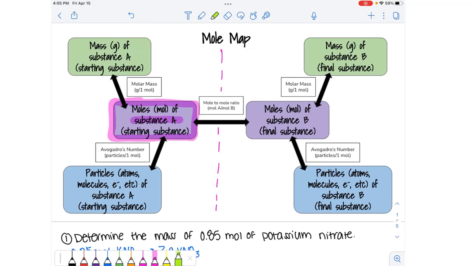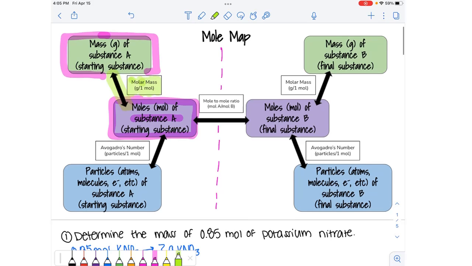And to get to mass of A, I go through this arrow right here, and that's going to land me in units of mass. So to get from moles to mass, I go through one arrow, which means I need one conversion factor in my problem. And that conversion factor is the molar mass conversion factor. Molar mass is always going to be grams per 1 mole of that substance, however many grams per 1 mole.